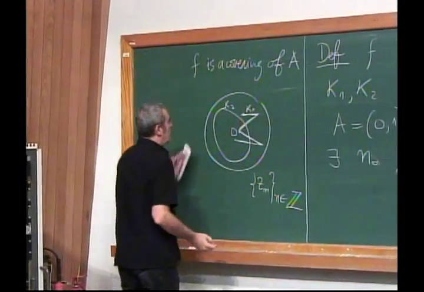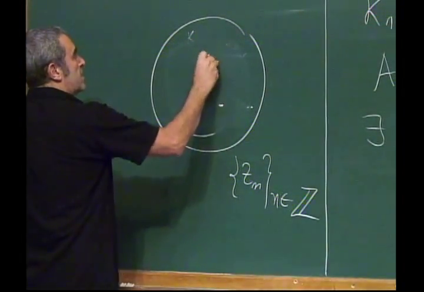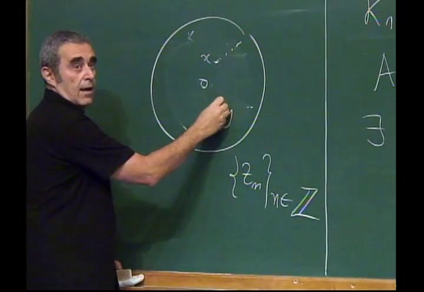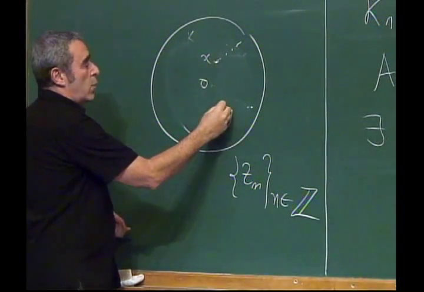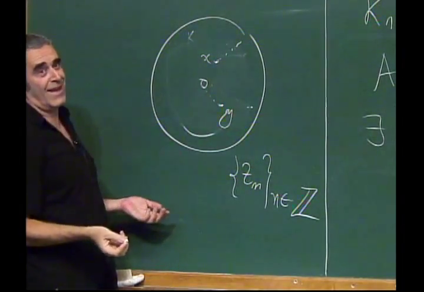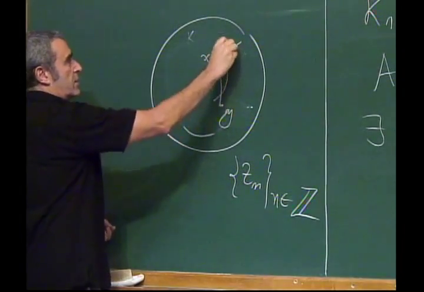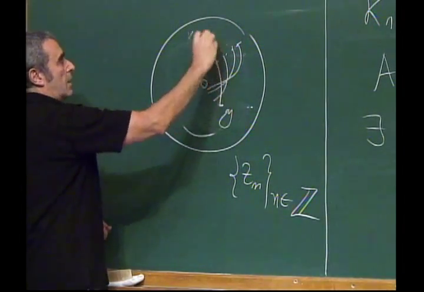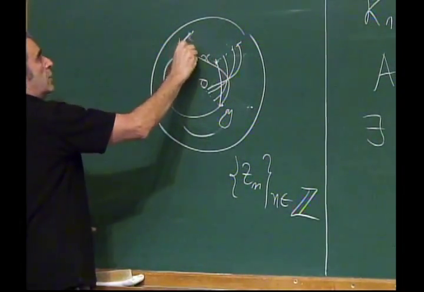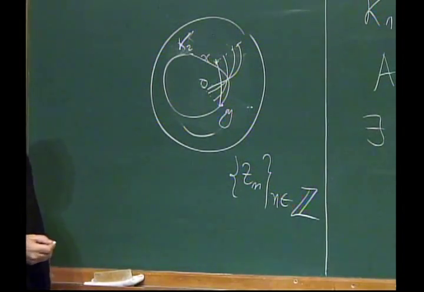And moreover, if you have 2 points, x and y, and x converges to this boundary in the future, then y has to converge to the same boundary, because if this was not the case, then you make a curve from x to y, and the images of this curve will always intersect something like a K2 of this kind, okay?